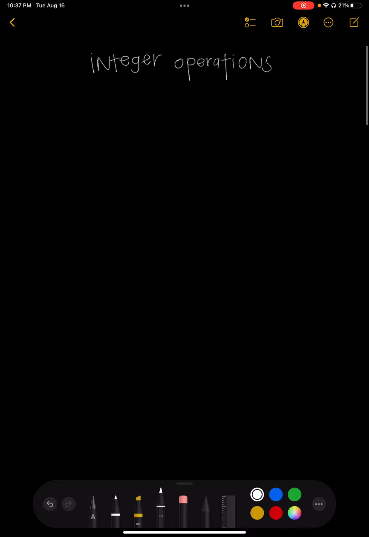Let's start with addition. So I'm just going to write add right here. So here's the deal. When we have a positive plus a positive, it has to be equal to a positive. This is like what you are learning in elementary school. We know that 2 plus 3 is equal to 5. If we have a negative plus a negative, this is also a negative.